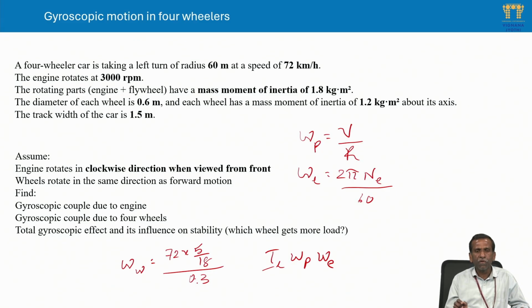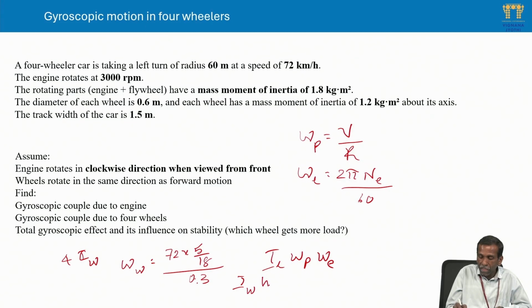Then it is also asked for the total gyroscopic effect, which means the sum of these two. But there are 4 wheels, don't forget. So you need to write 4 into the gyroscopic couple on each wheel due to wheel spinning, plus the engine parts, C E. So 4 C W, because C W you know is I of wheel, moment of inertia, times omega wheel and omega p.